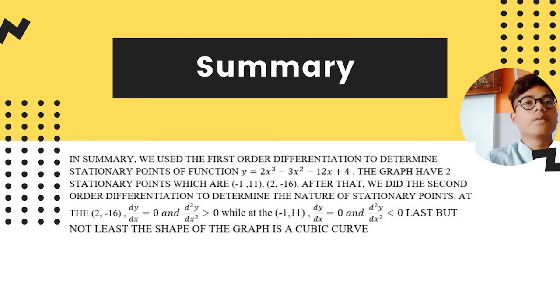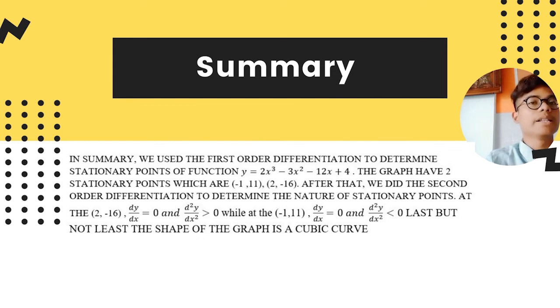After that, we did the second order differentiation to determine the nature of the stationary points. At (2, negative 16), dy per dx equals 0 and d squared y per dx squared is greater than 0.